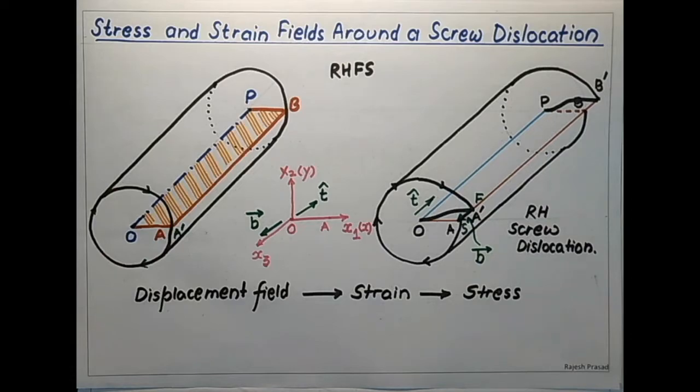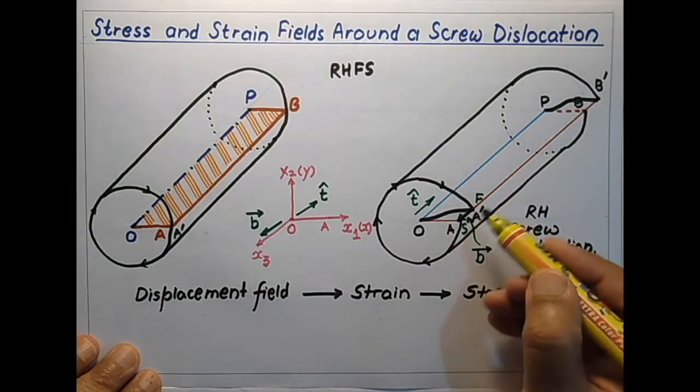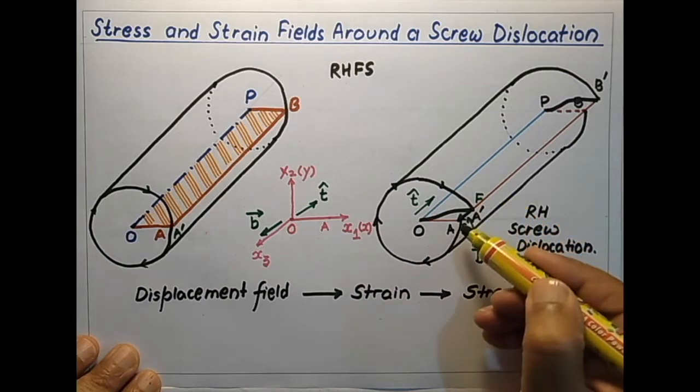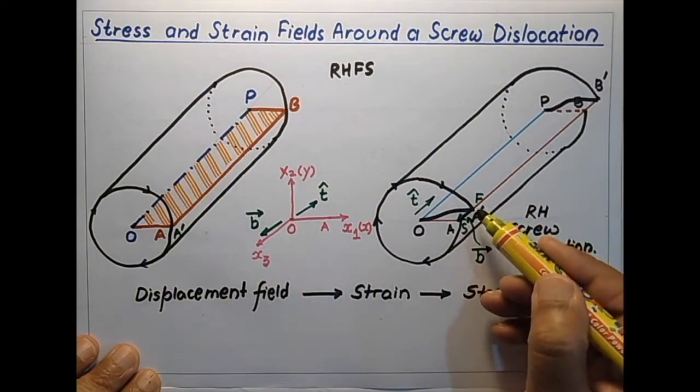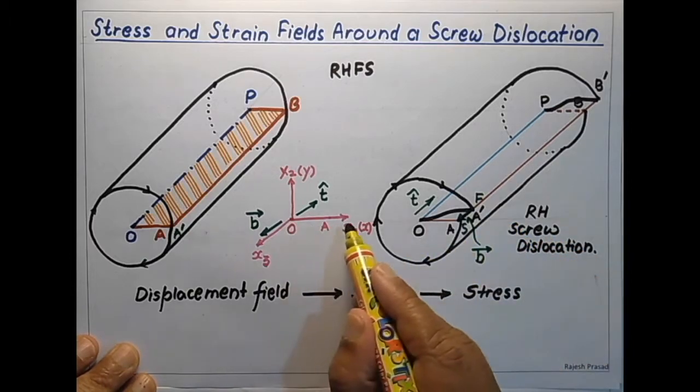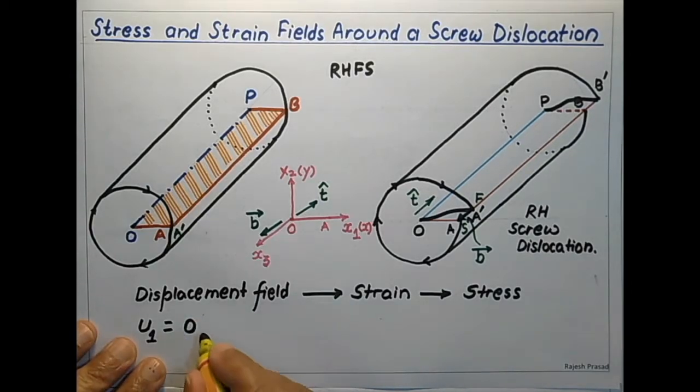Thus, we can write, and when the shifting or the displacement is only parallel to the x3 axis or the z axis, there is no displacement in the x1 and x2 axes. So the displacement field becomes very simple. The first displacement component u1, there is no displacement in the x-axis, u1 is 0.